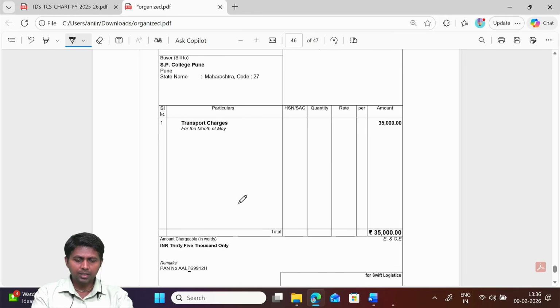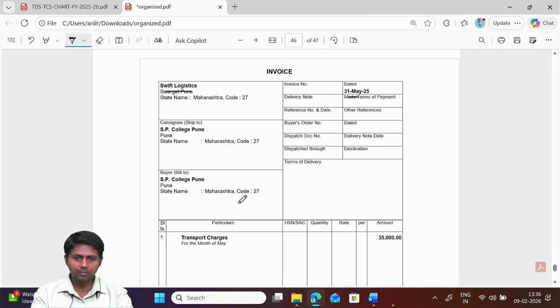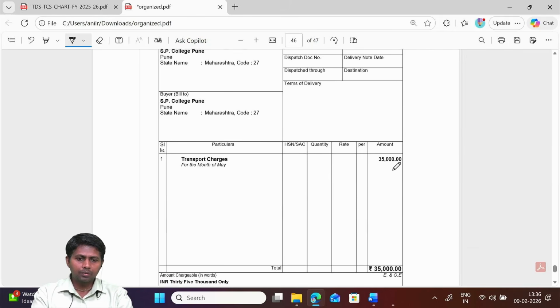That means this is a transportation firm. Correct, Swift Logistics is the firm. Now we'll assume this is a small transportation firm having less than 10 vehicles. Therefore, if PAN is provided to us, then no need to deduct.